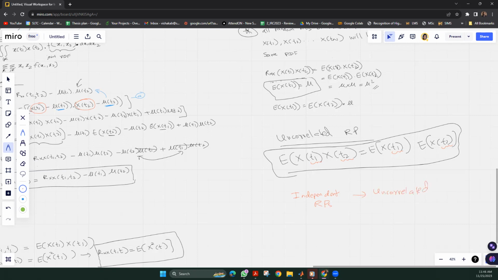However, if there are uncorrelated random processes, we cannot ensure that they will be independent. We cannot ensure this, but all the time, independent random variables will be uncorrelated.